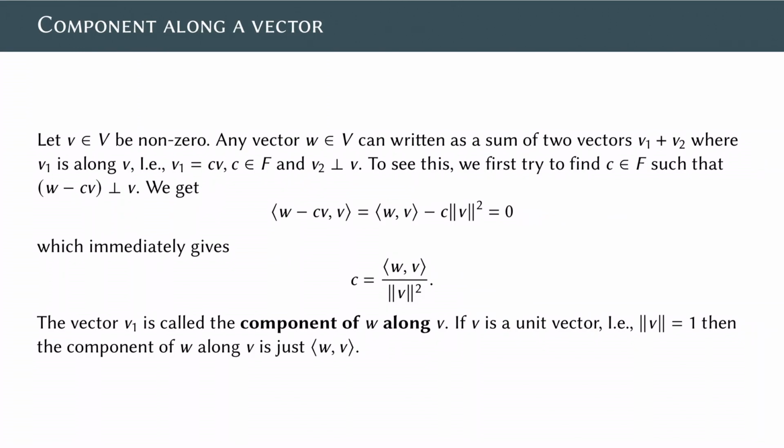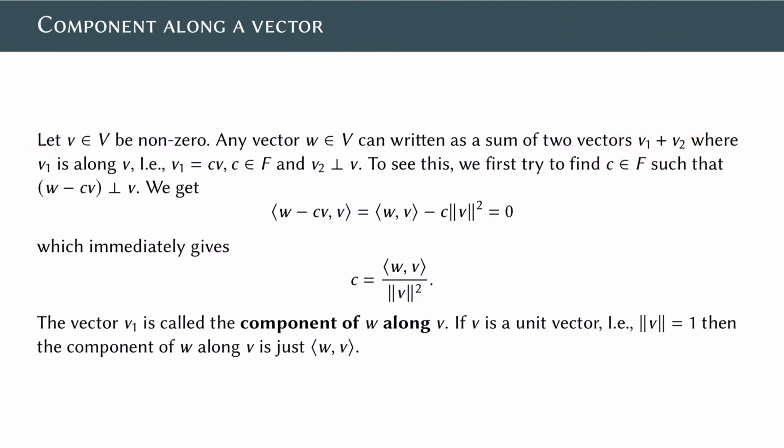Now, just like using the dot product, we can define the notion of component of one vector on the other. We can do the same thing in an inner product space. So fix a vector v which is non-zero. Any vector w in V can be written as a sum of two vectors v1 and v2, where the first vector is along v.